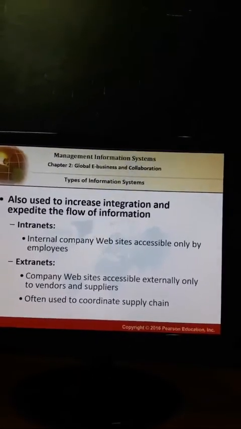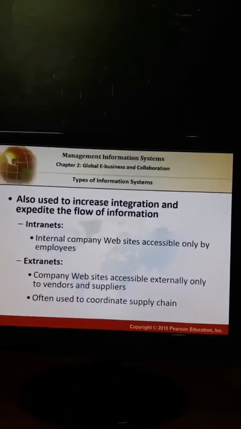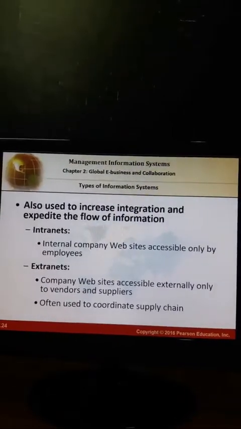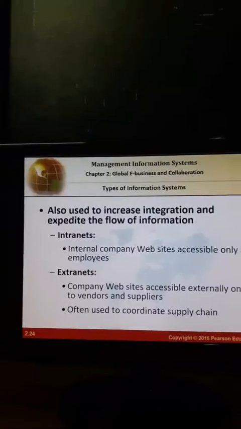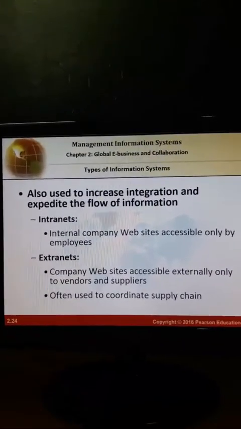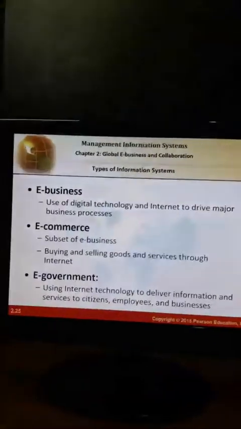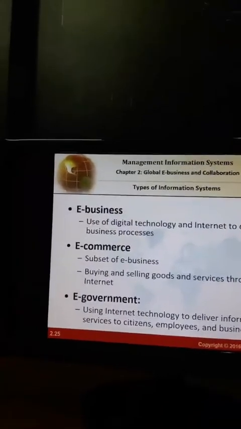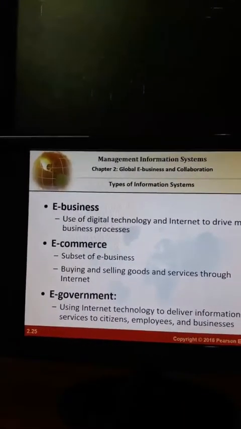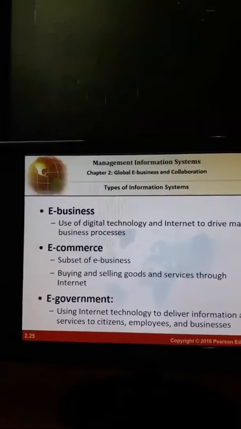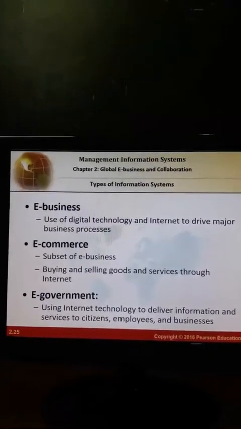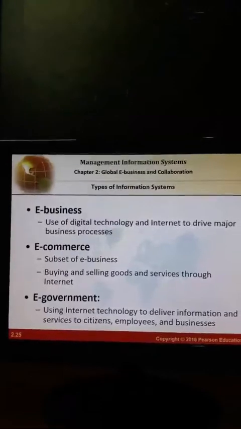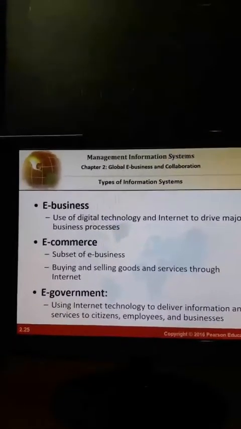So if you visit any organization, even if they are not maintaining supply chain management, CRM or others, still they are maintaining this intranet and extranet. And besides this, on these slides you are getting some short notes like e-business, e-commerce, e-government. About the difference between business and commerce: commerce is a part of business.